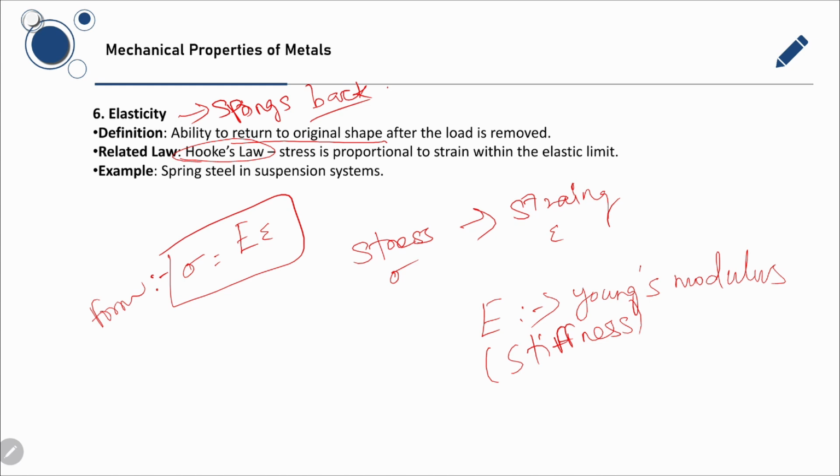It predicts deflection or spring back in parts like beams, shafts and springs. An example is spring steel in vehicle suspension systems, which stores energy elastically and returns it. We all see this in a bike. They use springs for giving ride comfort and control.